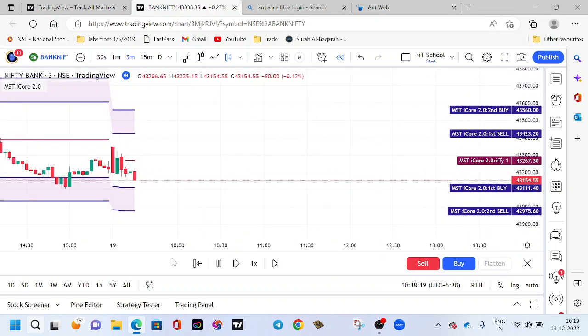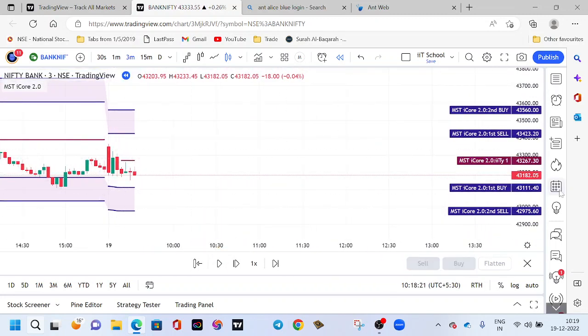Now we know in advance that if the market is coming to 43,111, we will be buying the 43,100 call option or 43,200 call option or 43,300 call option. Whichever you want, you can take.